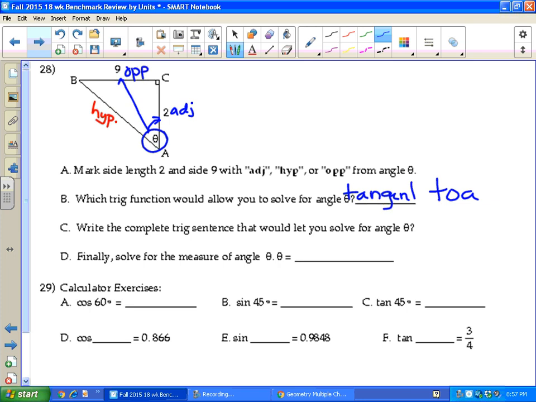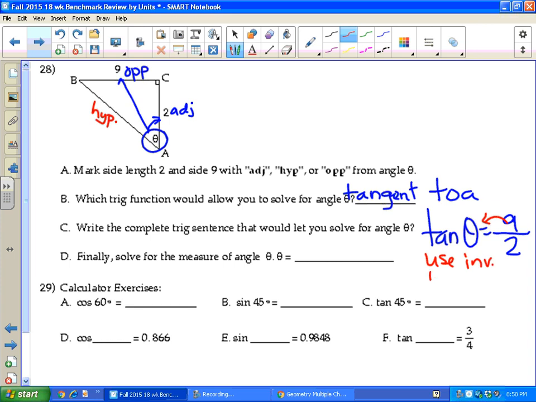Okay, use your foldable. You can use it on the exam tomorrow. Write the complete trig sentence. Tangent of angle theta, copying this straight out of our foldable, should be 9/2. Solve for the measure of angle theta. So remember, if you have the answer, but you're trying to work backwards to get the angle, use inverse.